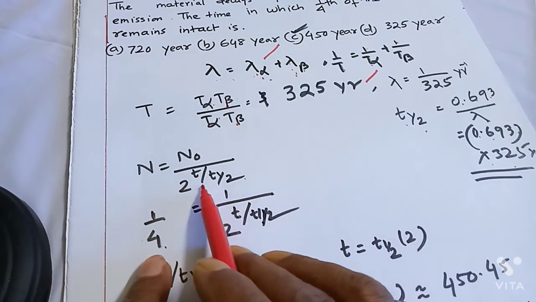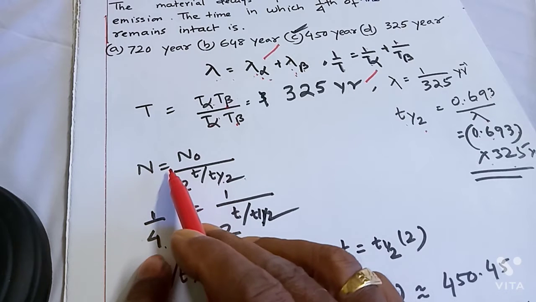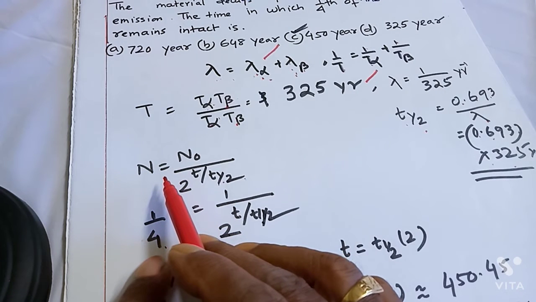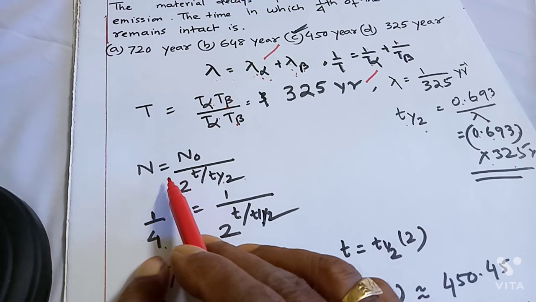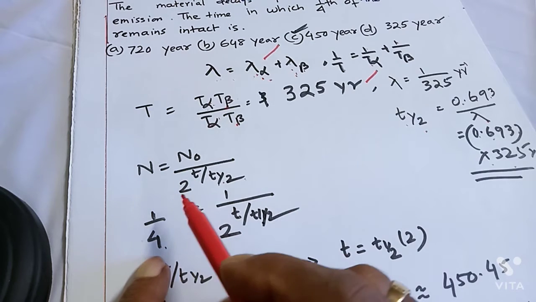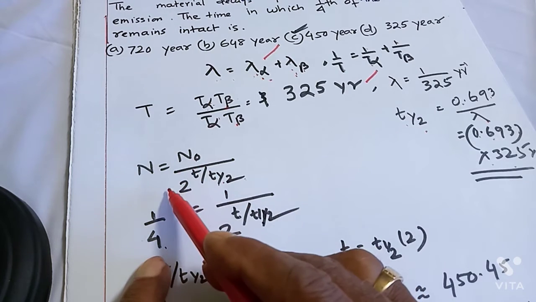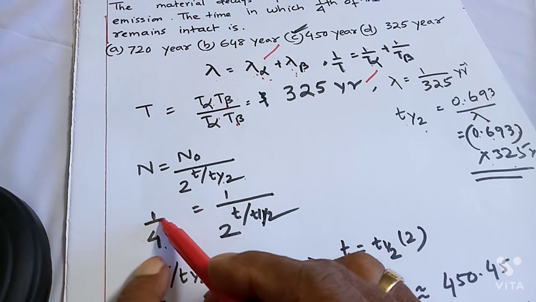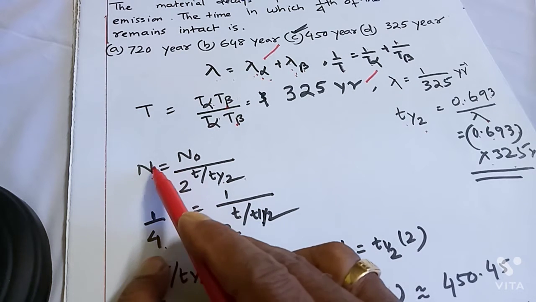Now, putting the values here, it is given that 1/4 of the material remains intact. So N by N0 equals 1 by 4, N equals N0 by 4.